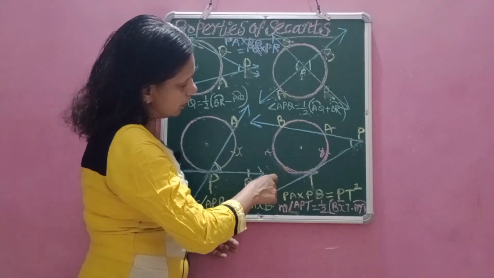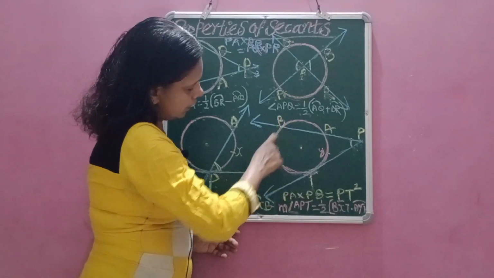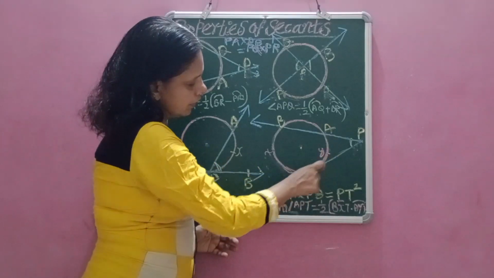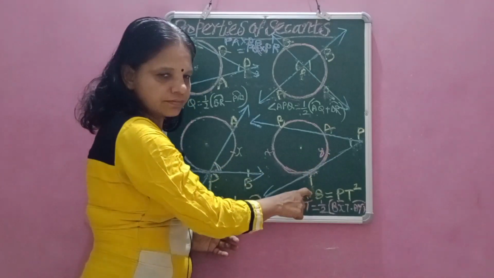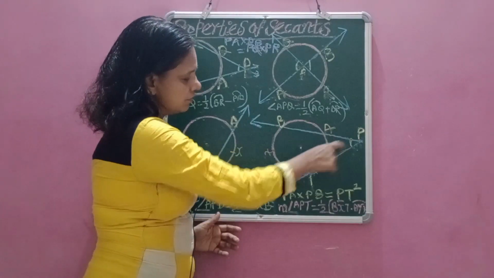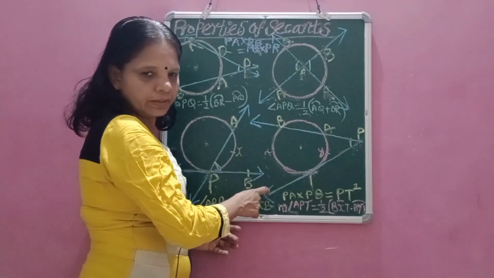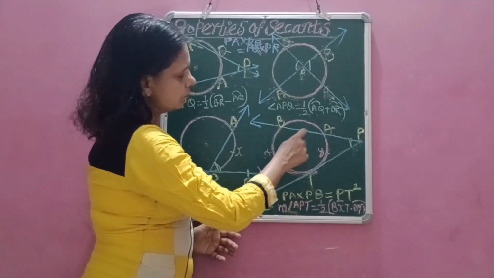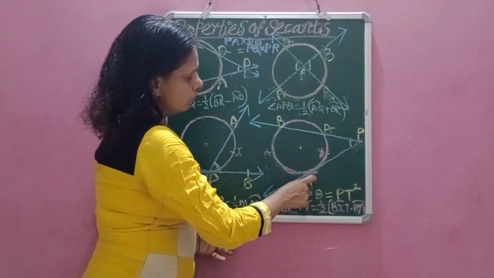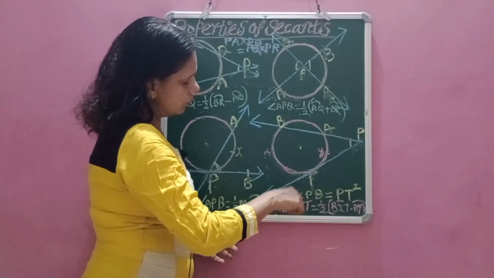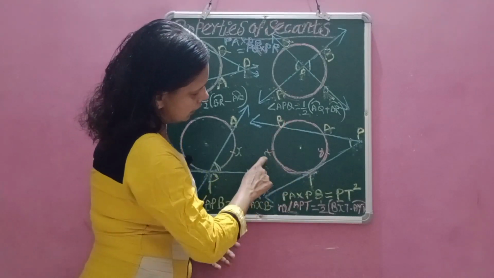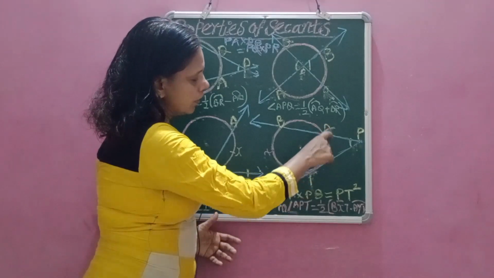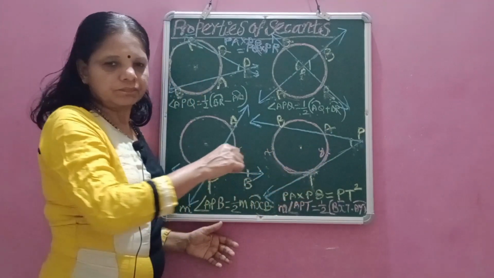What are the intercepted arcs here? BXT and AYT. These are the arcs intercepted by the secant, or by the angle formed by the secant. Clear? So in this case, angle APT equals half into measure of arc BXT minus measure of arc AYT.